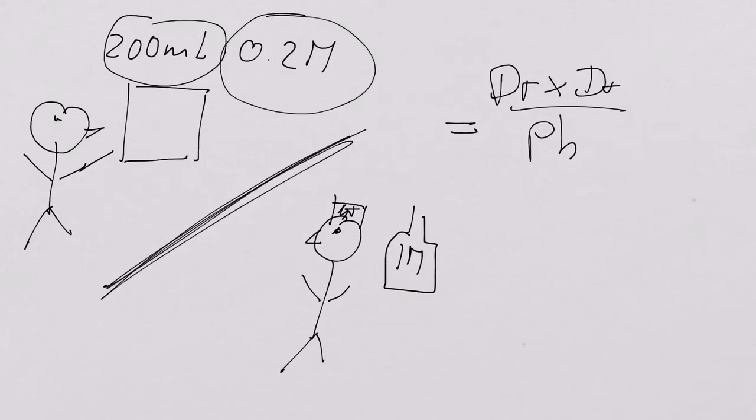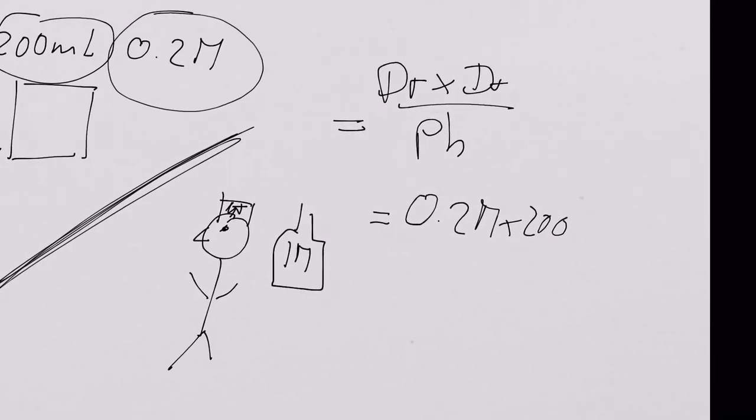And here it is: 0.2 molar times 200 milliliter divided by 1 molar. And I've got 40 milliliters. Simples. Make sense?